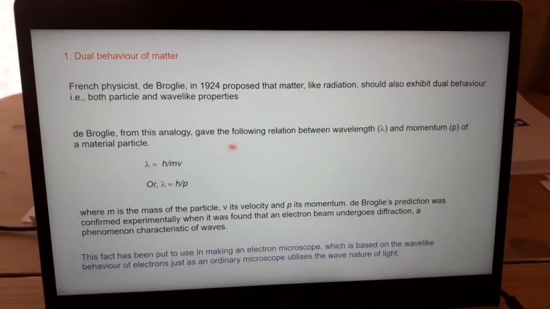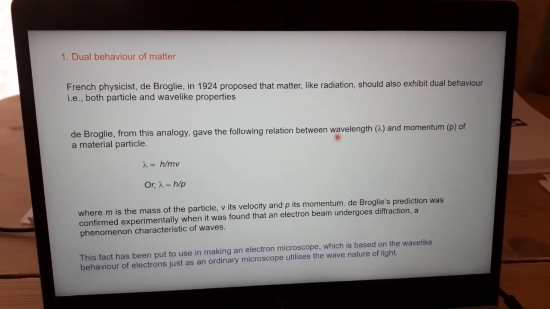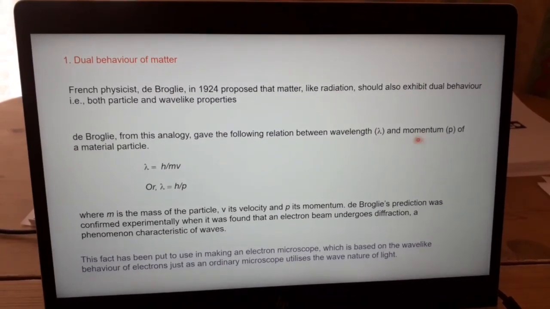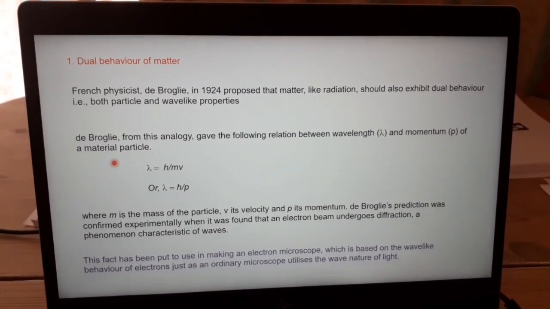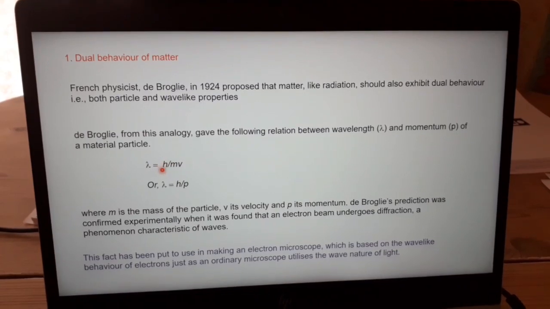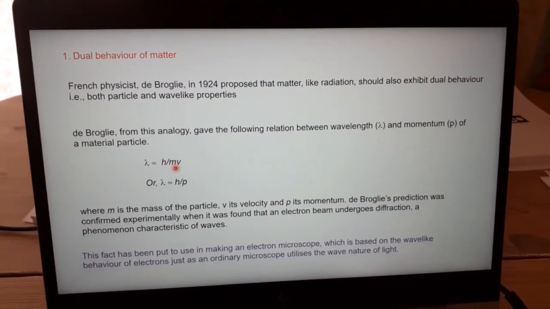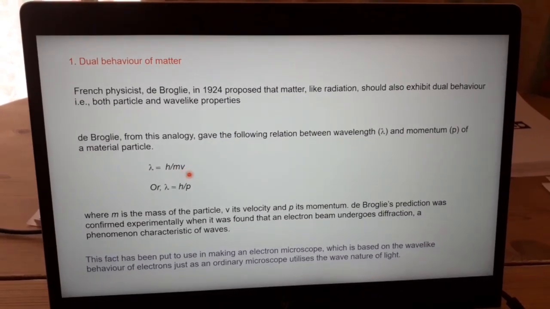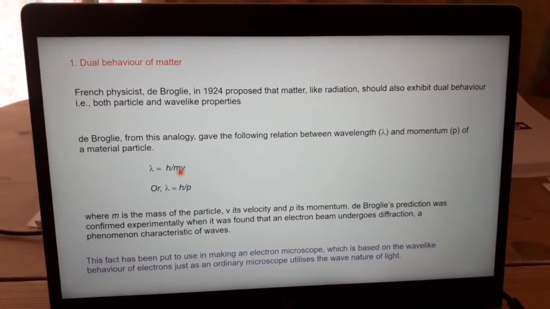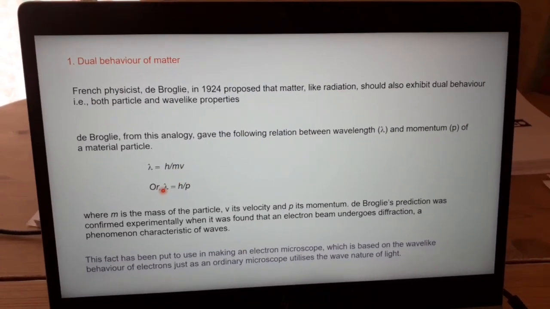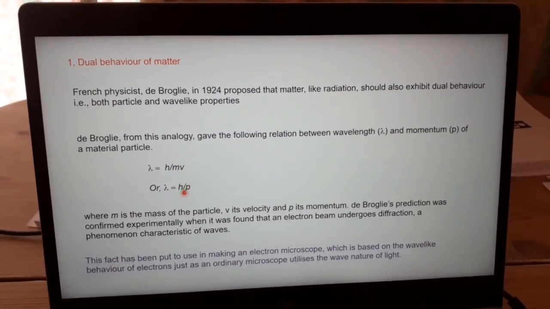And de Broglie's analogy says that if an electron has a wavelength lambda and a momentum p, then lambda is equal to h by mv, where h is the Planck constant, m is the mass and v is the velocity of the particle. mv is considered the momentum of the particle, that is, lambda equals h by p.